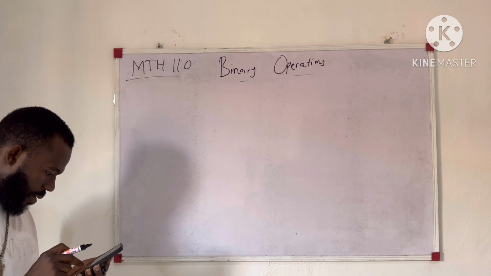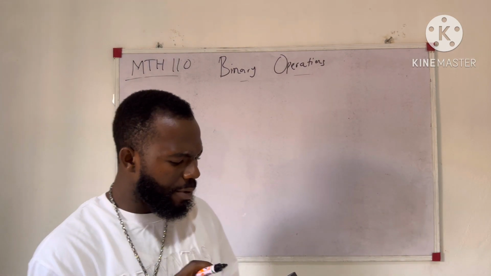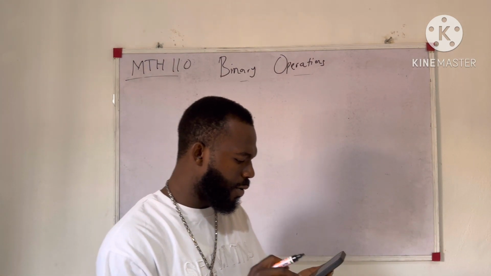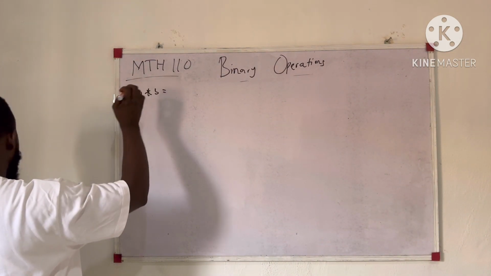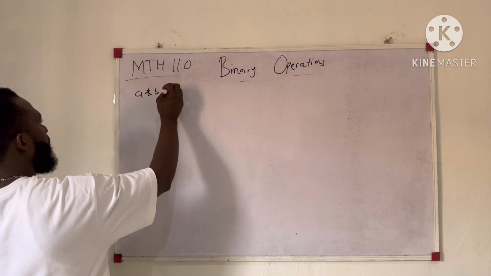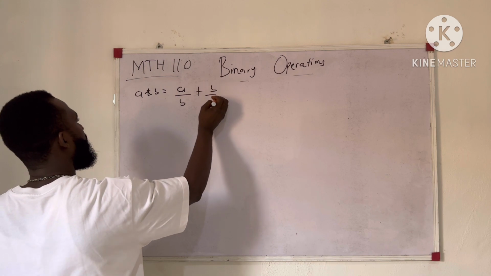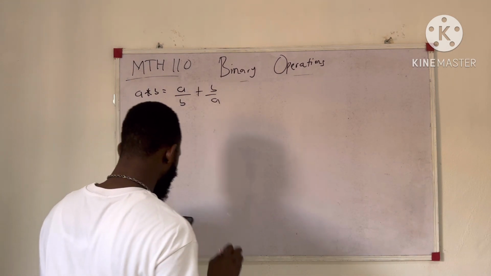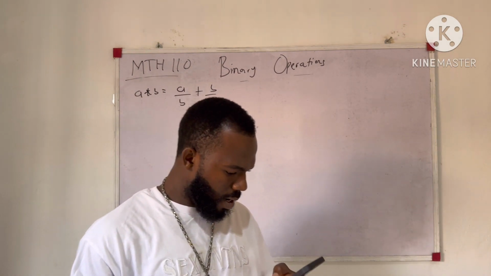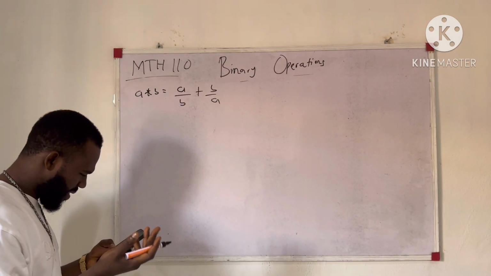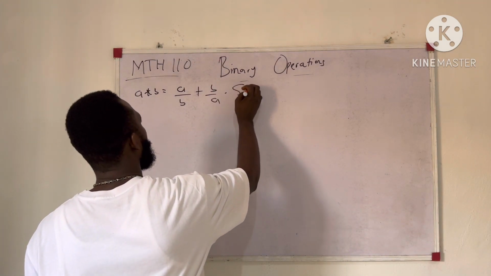Now the question says, a binary operation defined on a set of real numbers, A operation B equal to A over B plus B over A, where A and B belong to the real numbers.